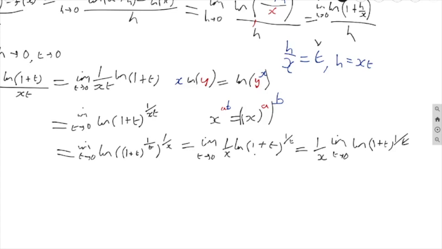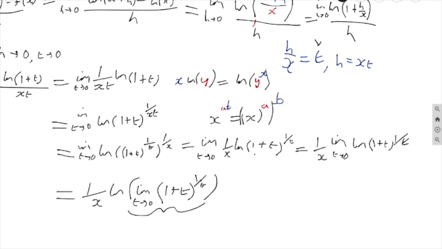And again, ln itself is not a function of t, so we can throw the limit even further inside. Let's come over to the left again, and we'll say that we have 1 over x times by ln of the limit, now as t goes to 0, of (1 plus t) to the power of 1 over t.